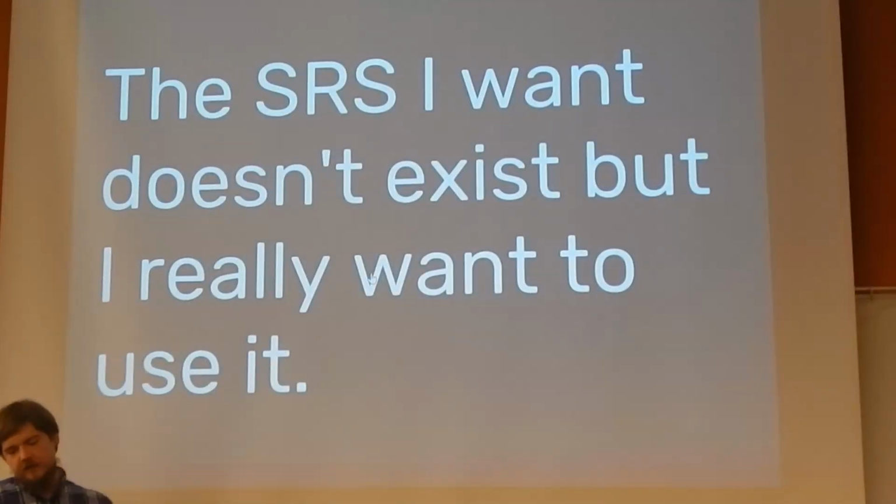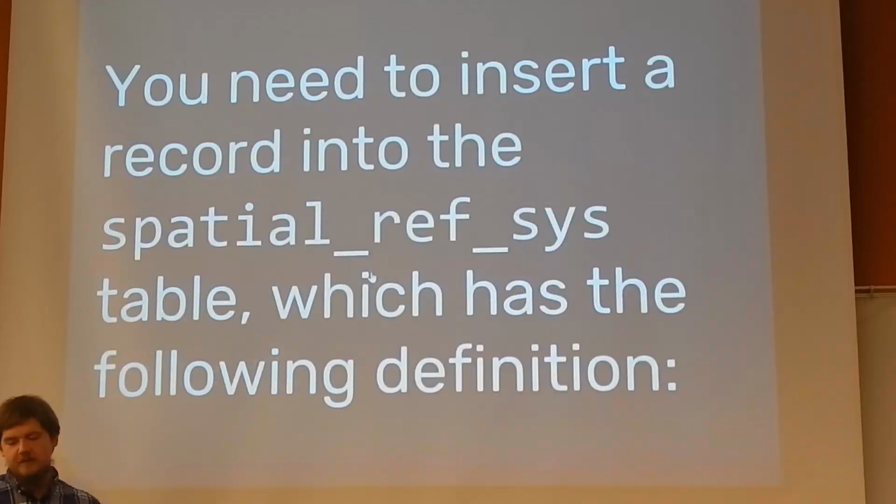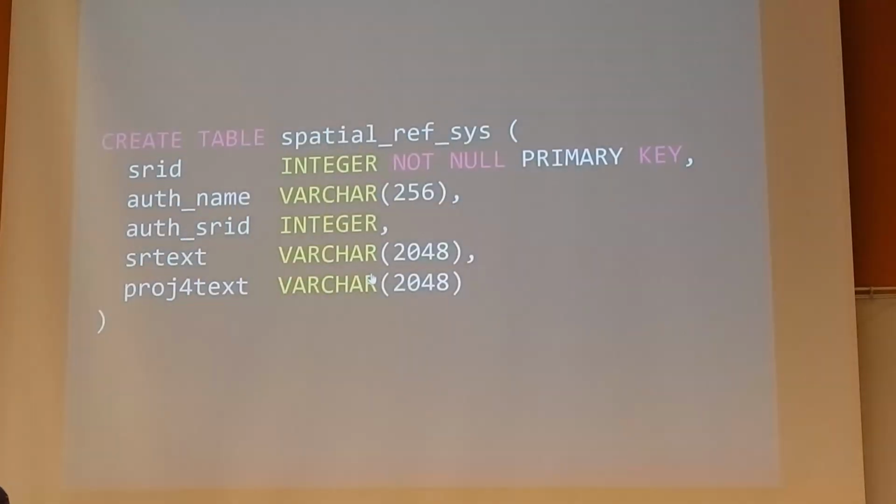Say the SRS I want to use doesn't exist. There's a table called spatial_ref_sys that has the following definition. You have your EPSG 4326. That's what the EPSG part is, its auth name. The 4326 is the auth SRID. The SRID at the top can really be whatever you want as long as it doesn't conflict with others.